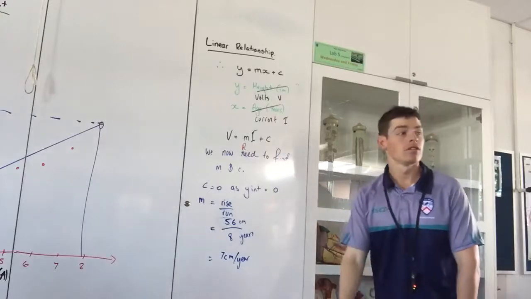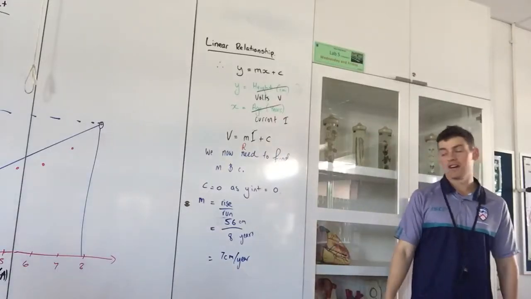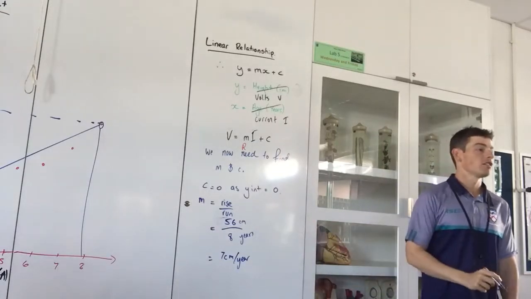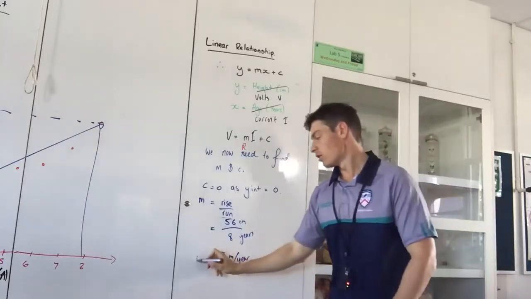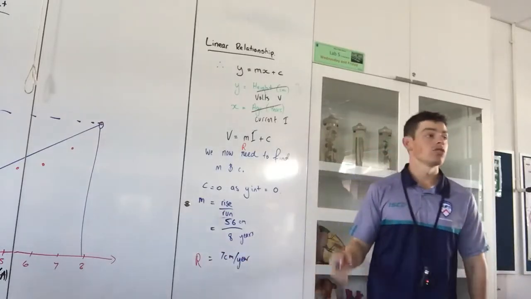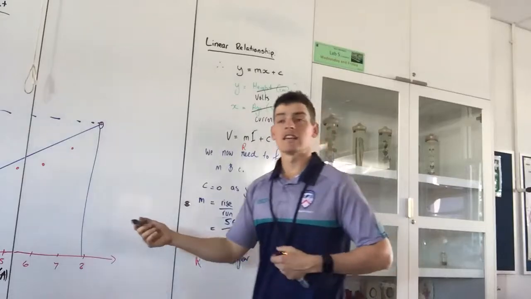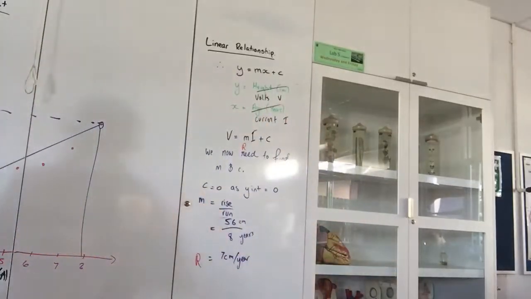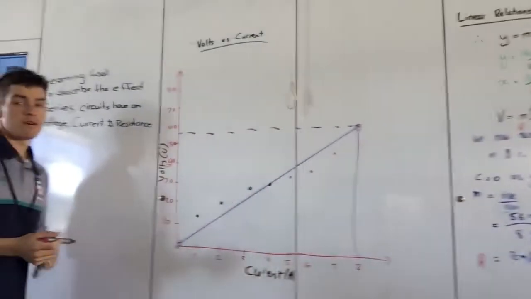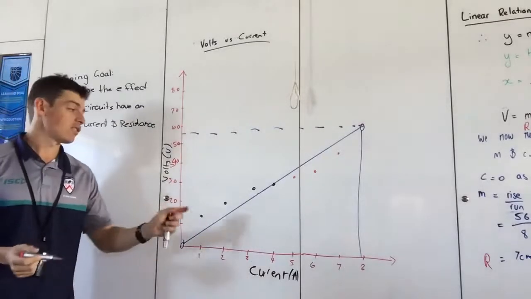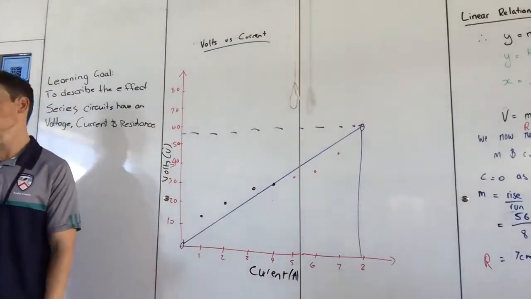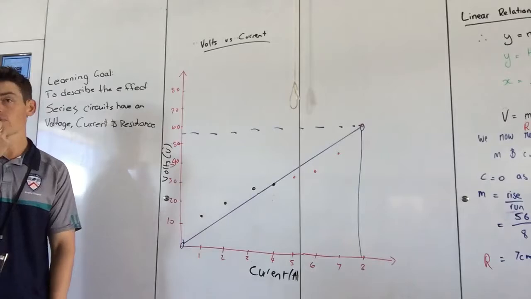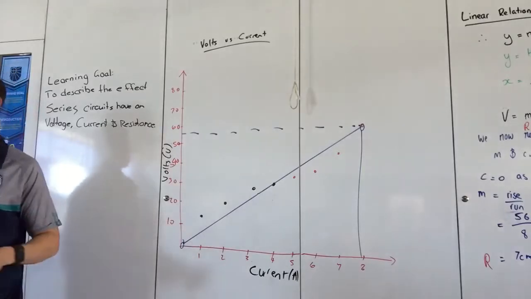Gradient. Resistance. So what have I found out when I've calculated my gradient? Now, when I was dealing with age before, does that mean that every year my specimen's going to grow 7 centimetres every year? No. What was that?